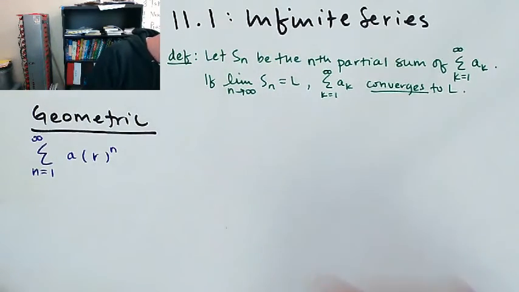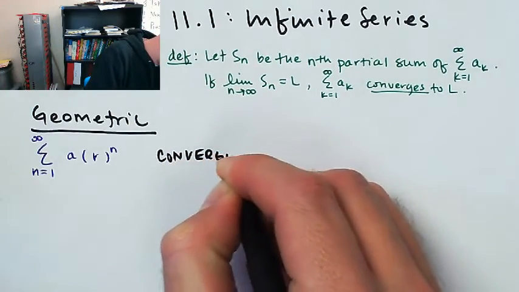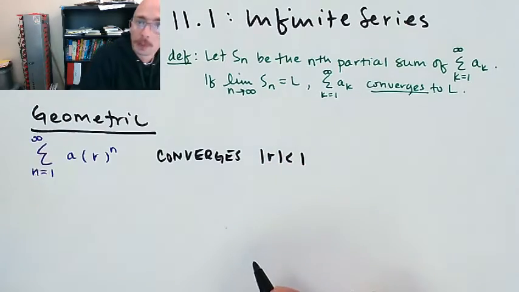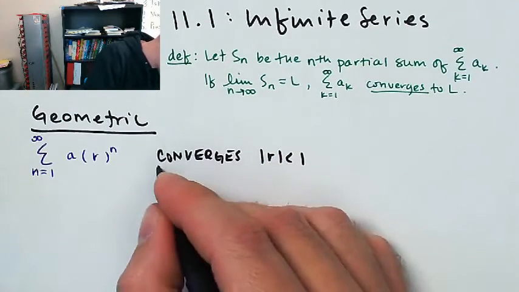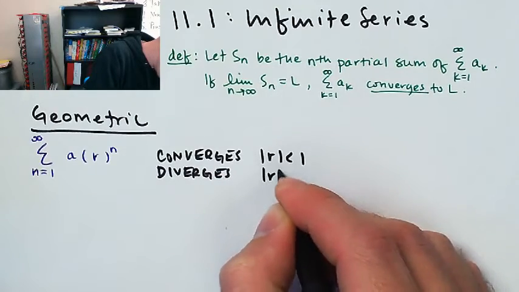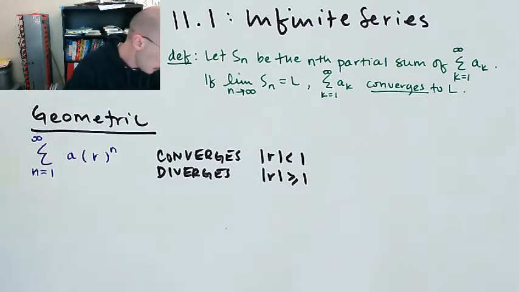And we need to know that this one converges when the absolute value of r is less than 1, and it diverges when the absolute value of r is greater than or equal to 1. Okay?